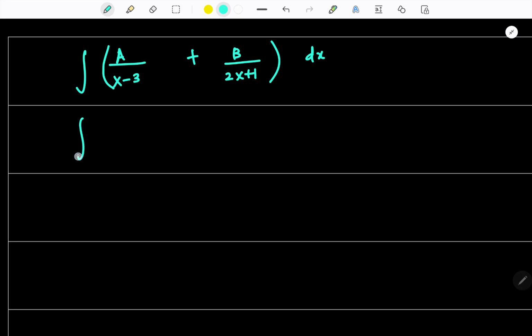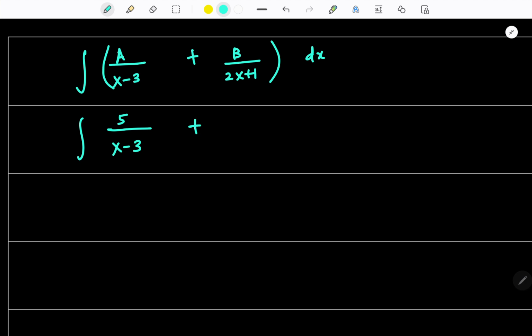So let's go to the question. What is your question? I told you already. This is the integral of a divided by x minus 3 plus b divided by 2x plus 1, times dx. What's the answer we got for a? A is equal to 5, so 5 divided by x minus 3.